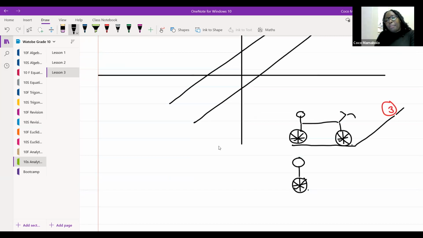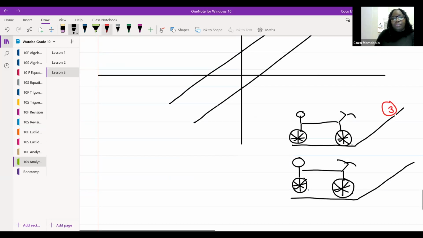Oh, yes, thank you, Alusha. I get it now. The pedals are missing. There, it's pedaling. There we go. Alusha, don't say that. Alusha's like, your picture looks worse, ma'am.